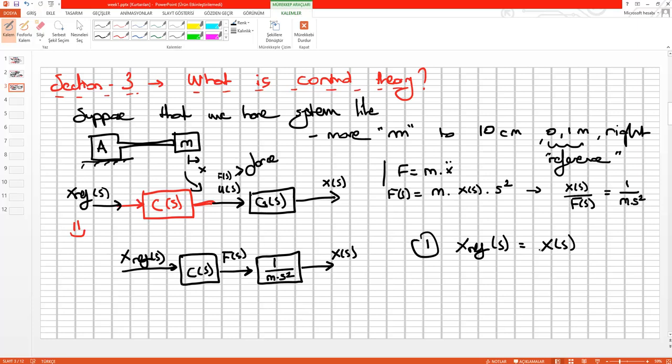So if we have this information, then Xref times C times 1 divided by m s square must be equal to X, right? And so this term must be equal to 1. But why?